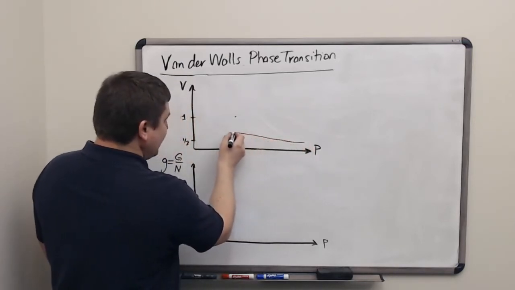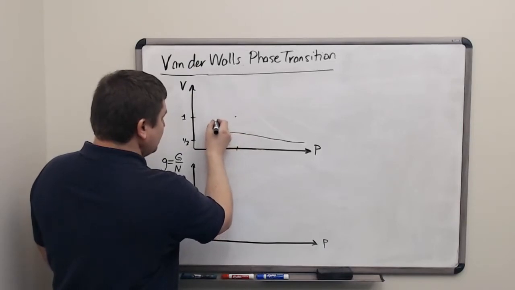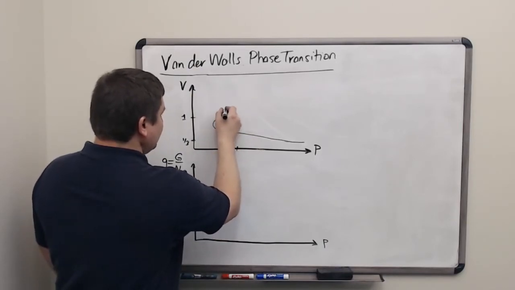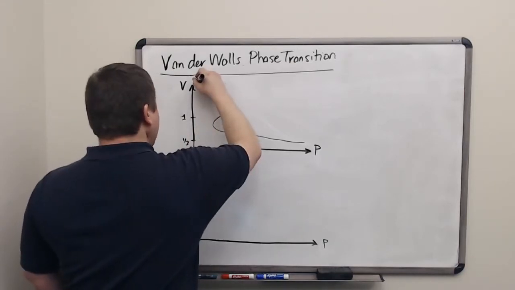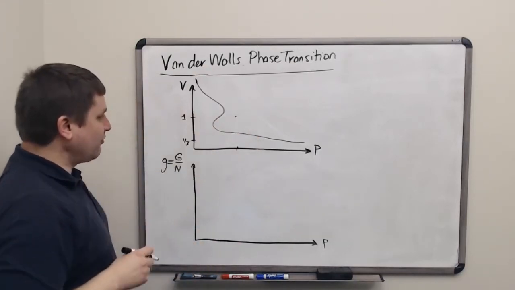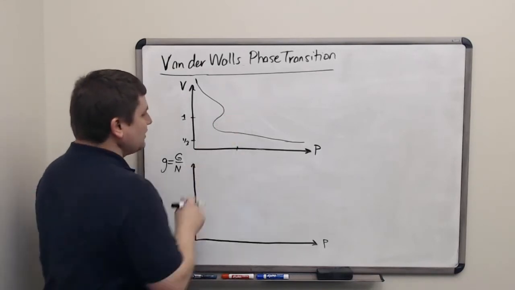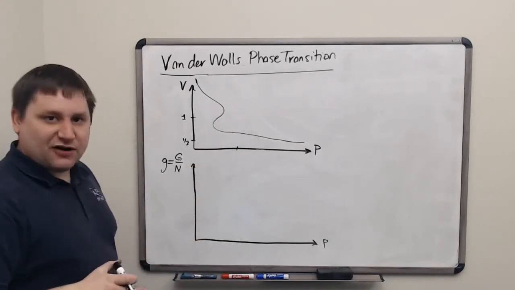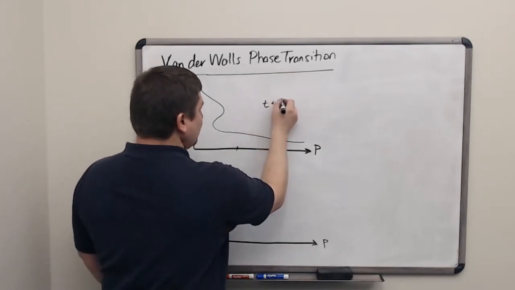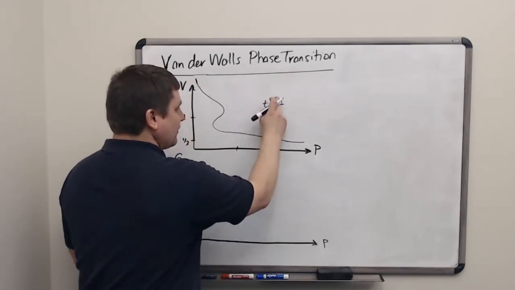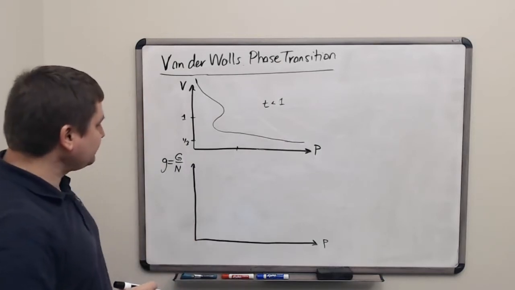It will come past the critical point, have an inflection, and then have a vertical asymptote at 0 pressure. So this will be the general shape of my isotherm for a temperature that's less than the critical temperature, or a reduced temperature of less than 1.